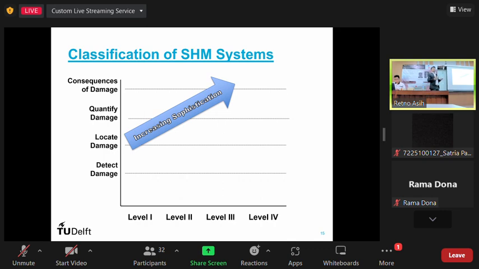We need to analyze it better. And then it becomes more sophisticated and more expensive. So there is a decision to be made as engineers: okay, we actually need this much information, and that's enough for us. And of course, you see that the higher we go, the more complicated it is and the more cost we have to spend.